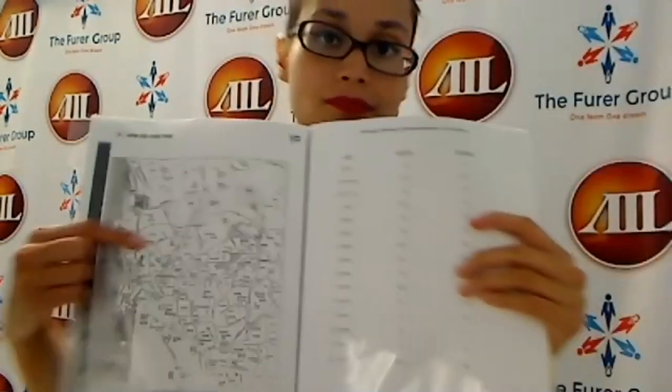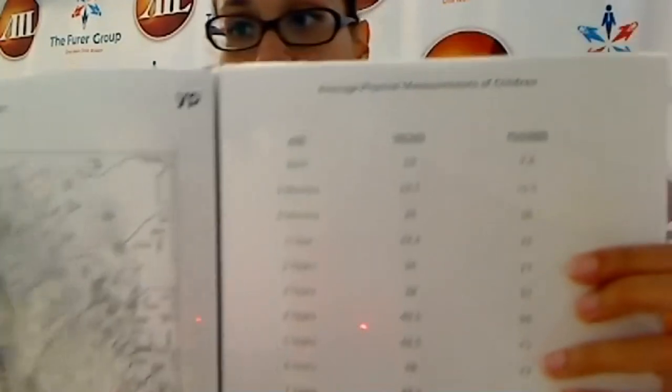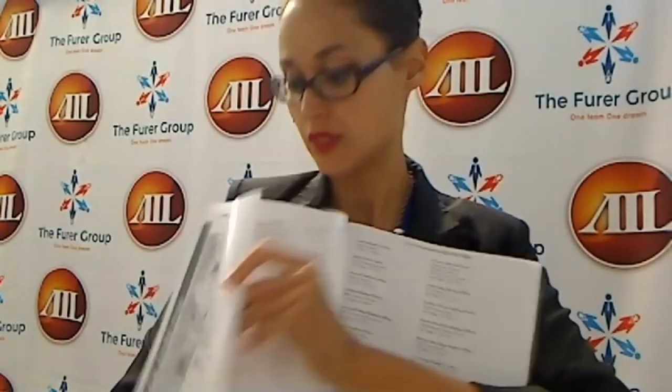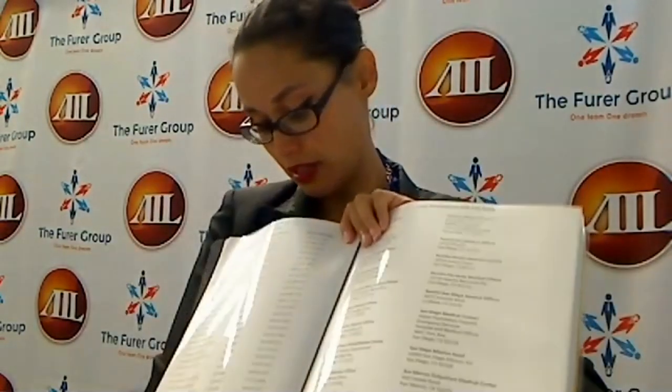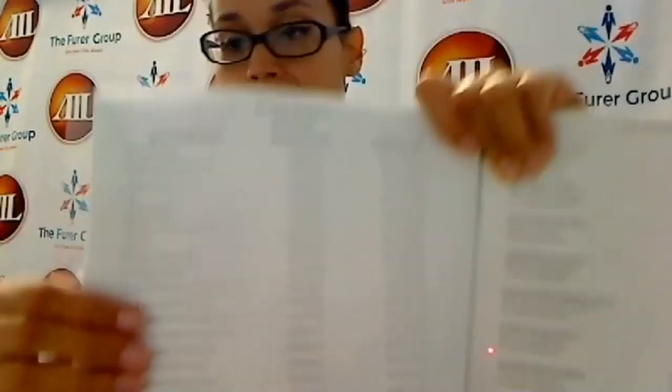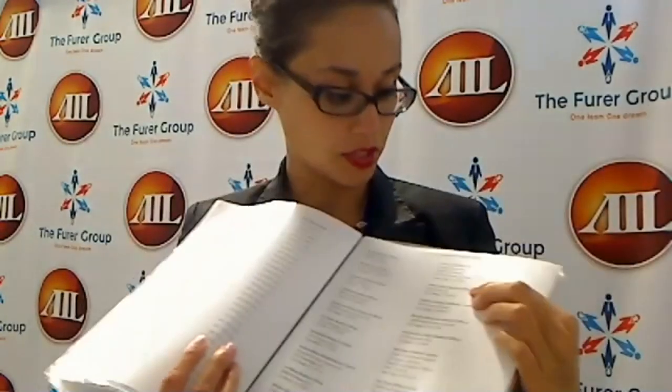All right, next, we have the height average physical measurements of children. We saw that. We used it today in filling out the application. On the other side of that, the routing numbers, okay? We saw that, the different banks. And then this is where we start with the HIPAAs.